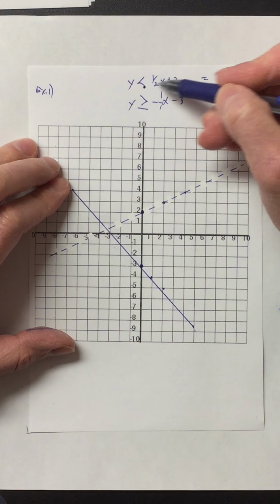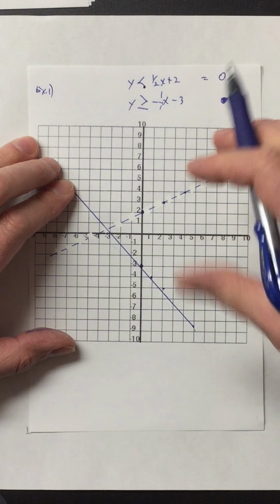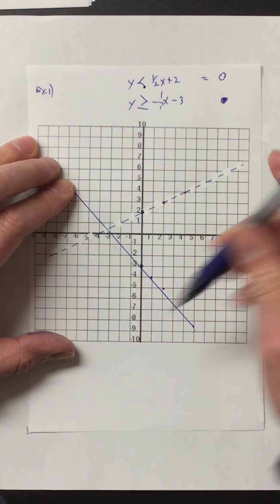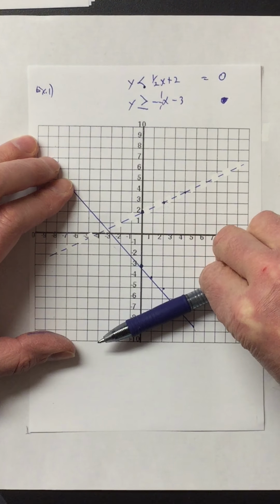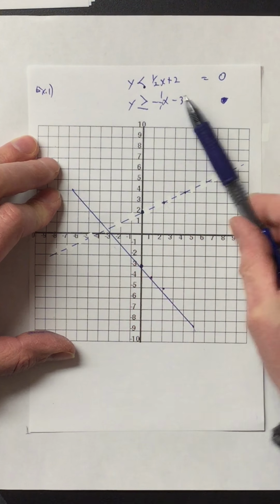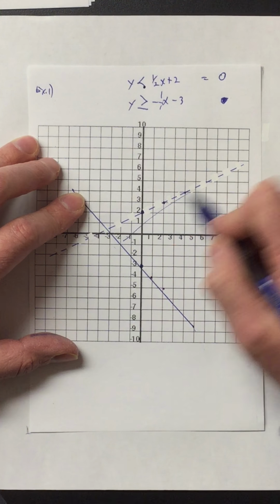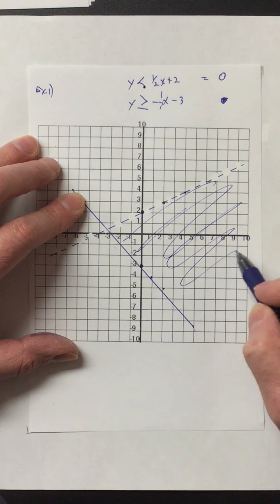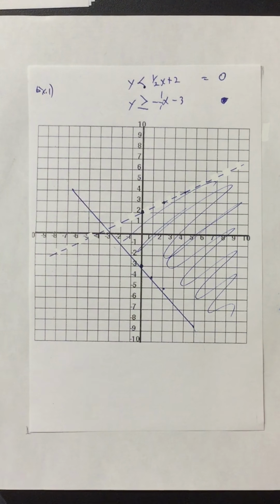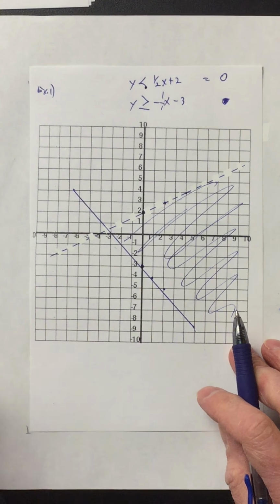Well, since this first equation, y is less than anything over here, then it's anything below this line for that equation. This one though, y is greater, so it's anything above that line, so it has to include both, a conjunction sort, so I'm going to shade this area here like that to give my answer. Includes this line, doesn't include that line, and it's that quadrant right there.